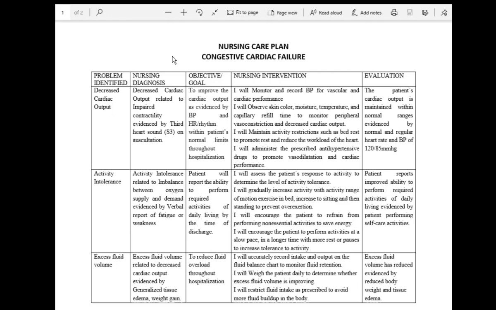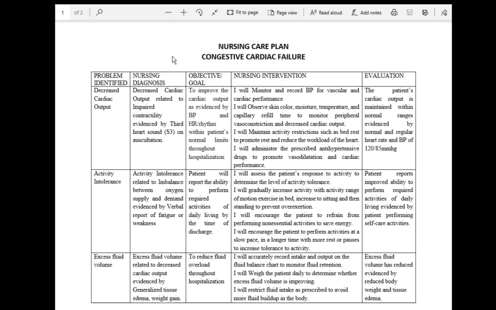So when you are monitoring the skin, the moisture, the temperature, and the capillary fill time, you'll note that the capillary fill time will be slow, not normal. Then we'll find that the temperature and the color of the skin will change because of reduced blood being supplied to all these parts of the body.